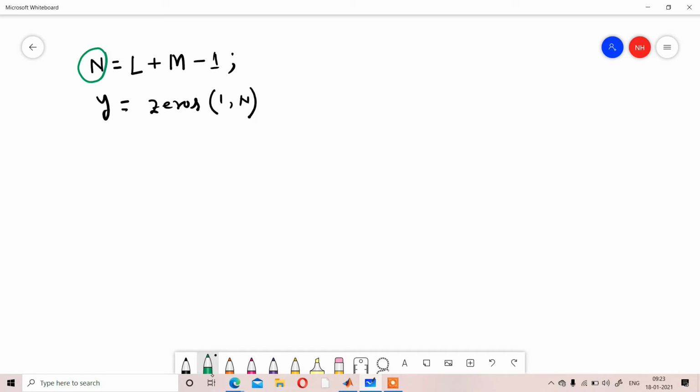So initially we are making the values of y zeros. If L is 6 and m is 4, then 6 plus 4 minus 1 gives 9. The value of n is 9, so y equal to, I am storing the value as 9 zeros.